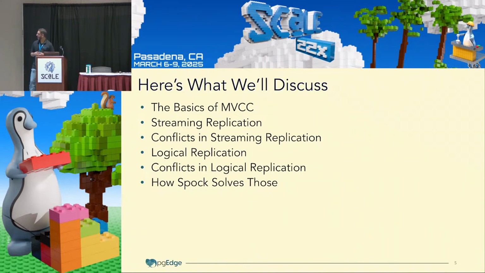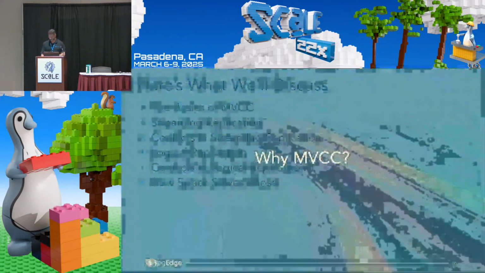We'll move to streaming replication then, and the conflicts in streaming replication, moving on to logical replication after that, and see what kind of challenges we face with logical replication, and finally, how those challenges can be solved with Spock. That's an extension that we're working on and we believe has come of age recently, with a lot of changes done in it.